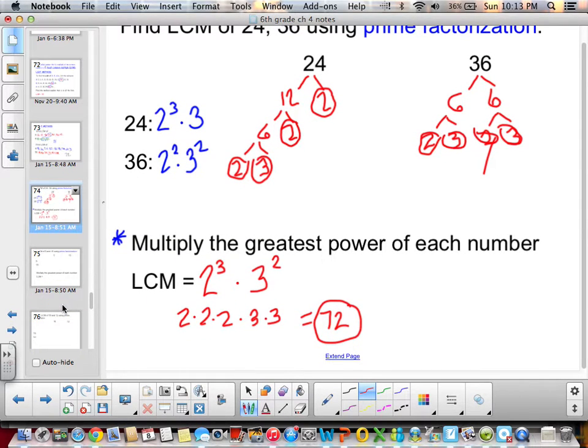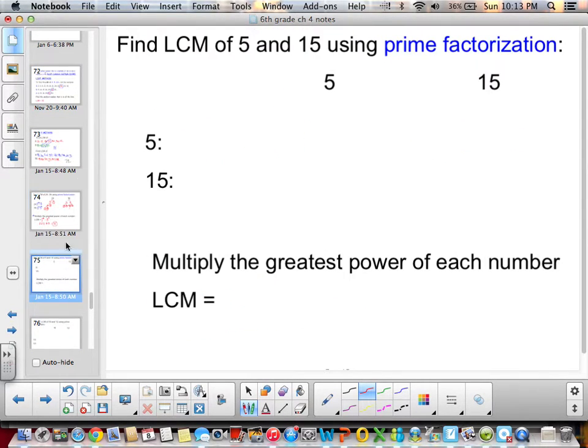Okay, we are going to do another one. If we want to find the least common multiple of 5 and 15, well, we use prime factorization. 5 is already prime, so we're going to circle it and we're not going to do anything with it. 15, we know that 3 and 5 multiplied together gets 15.